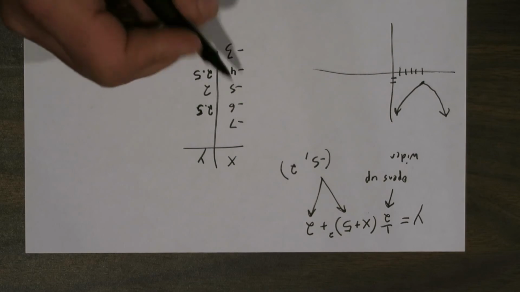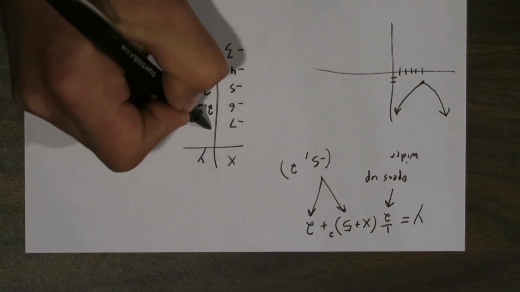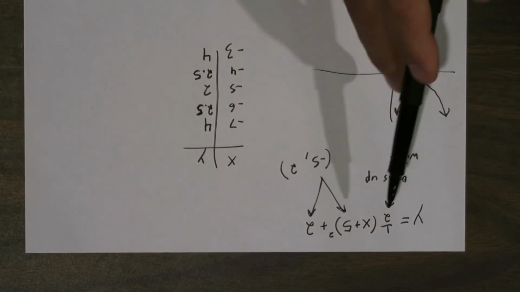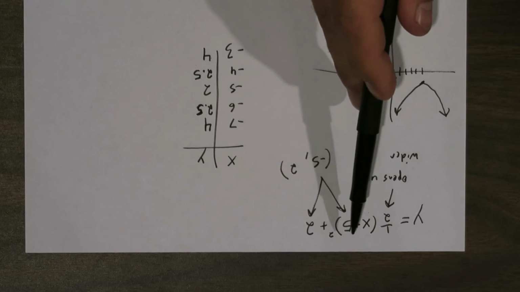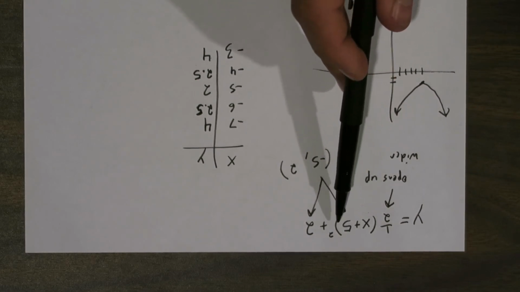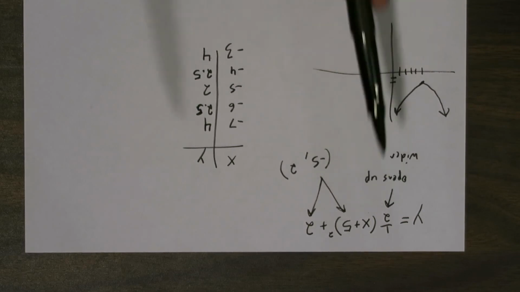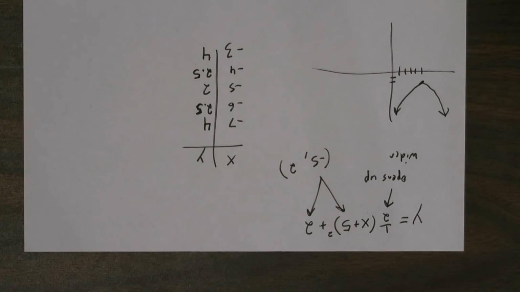And 2 plus 2 is 4. So the input of -3 gave us this nice clean output value of 4. So if we think about what numbers we plug in here, we want them to be even. We want the overall output here to be even.